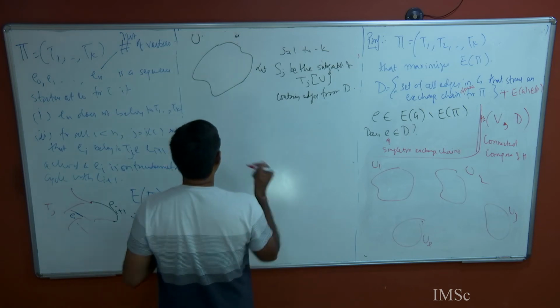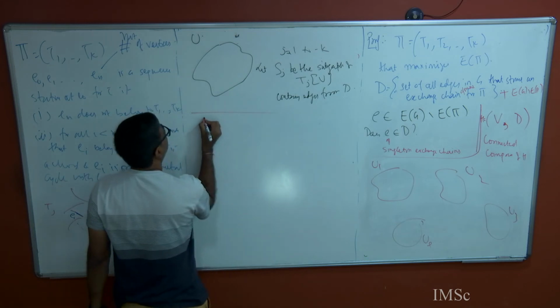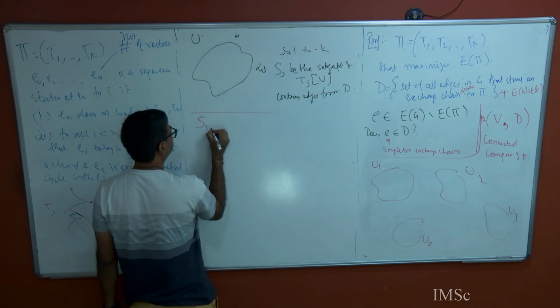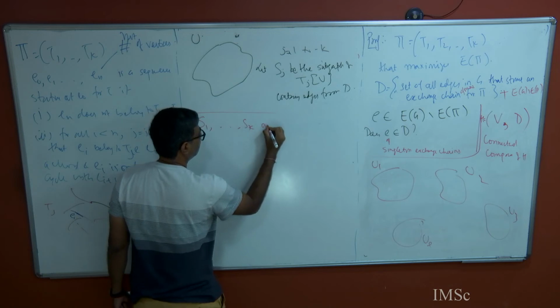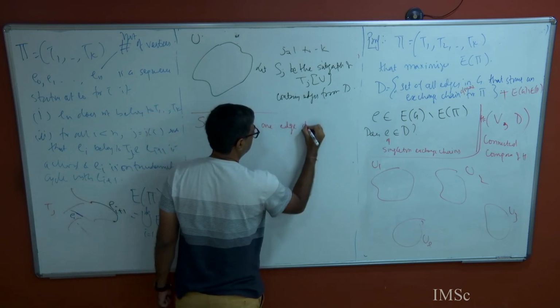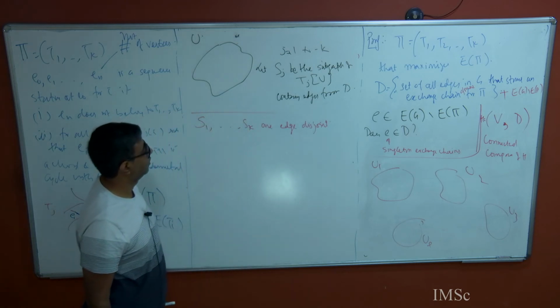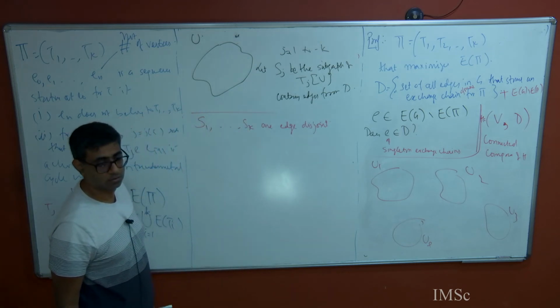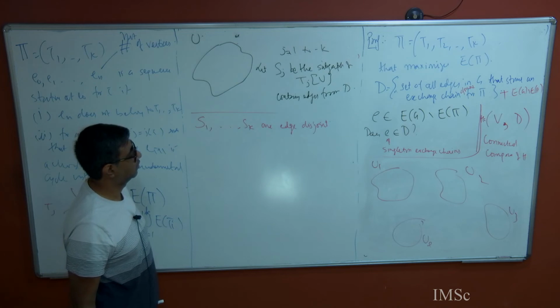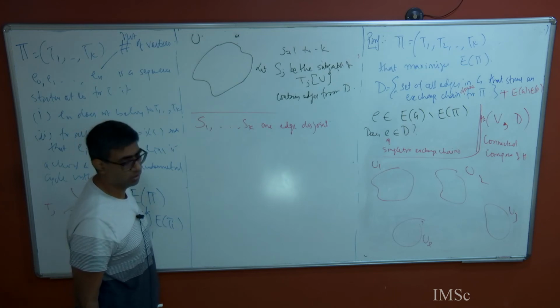I am going to show you that S1 to Sk are edge disjoint from D. Why?